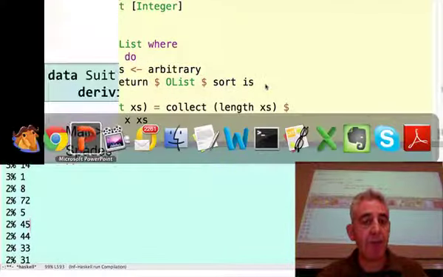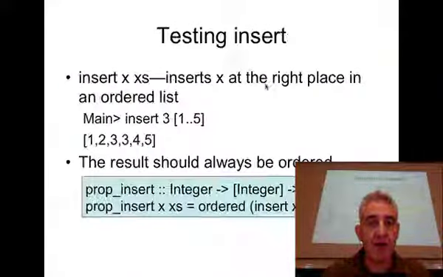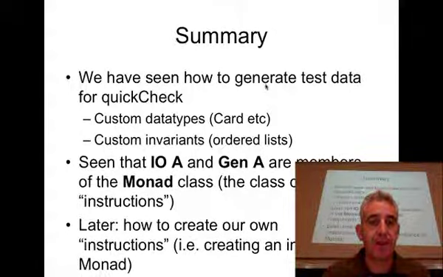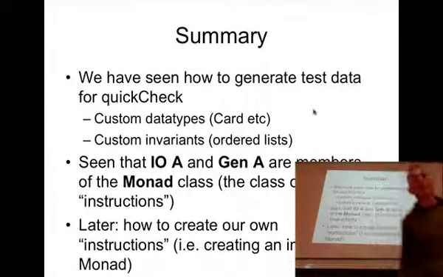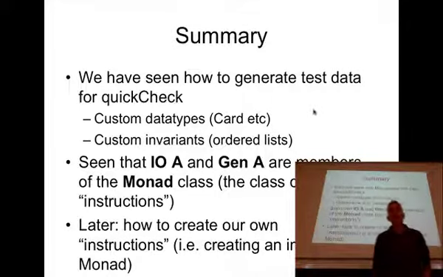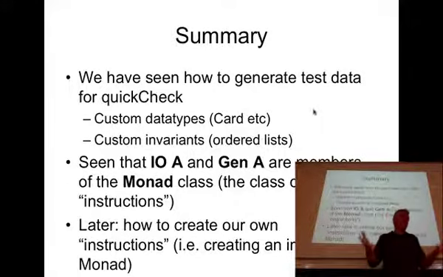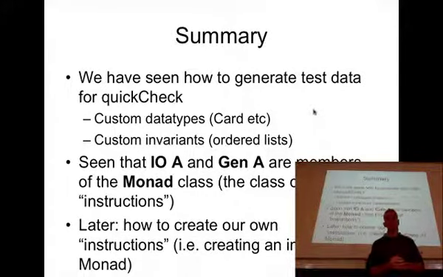Okay, we're pretty much done for the day. Let me just get to the end of the slide deck here, just to round off. So this is where we've got to. We've seen that IO and Gen are both members of this class called Monad, and we can think of these for the moment as the class of instructions, though there are many other kinds of monads which we wouldn't normally think of as instructions.